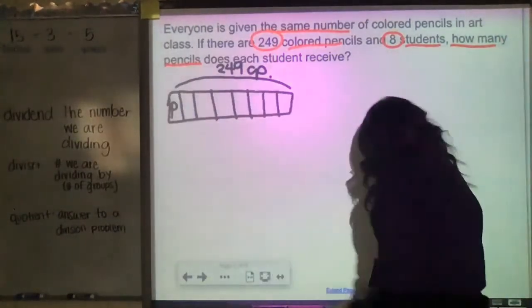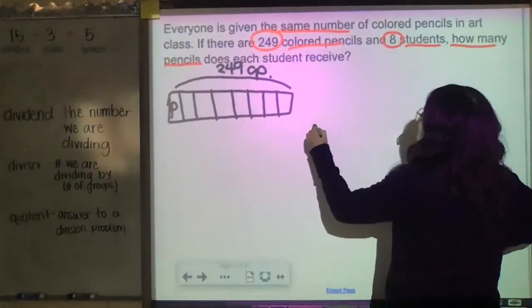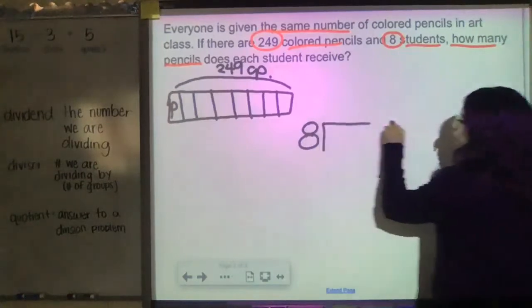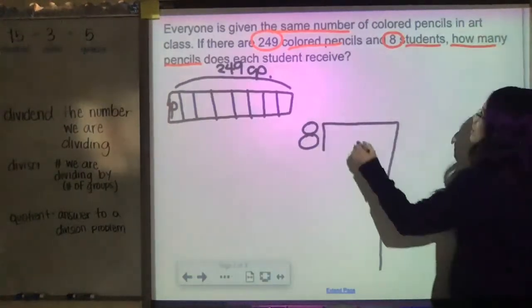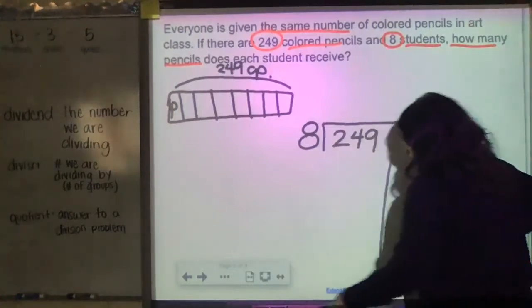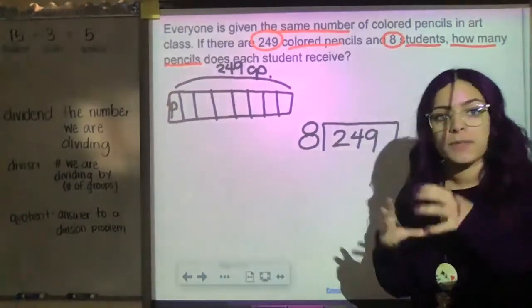Now, I am going to once again utilize the partial quotients method first. I'm going to do 8 divided by 249. Remember, when we're thinking of partial quotients, we're not thinking in groups of ones, tens, hundreds.